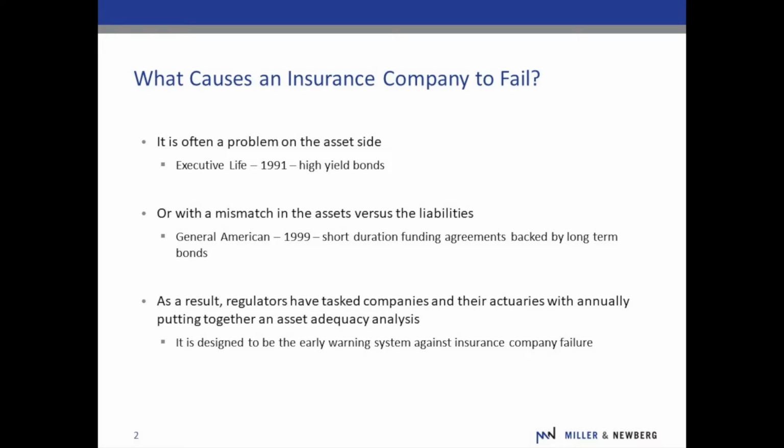Also, it can be a problem with the mismatch in the assets versus the liabilities. So let's talk about a company that was in St. Louis, 1999, General American. General American had sold a lot of what are called funding agreements. Funding agreements are no different really than annuities, other than annuities are purchased by mom and pop folks with their retirement savings.